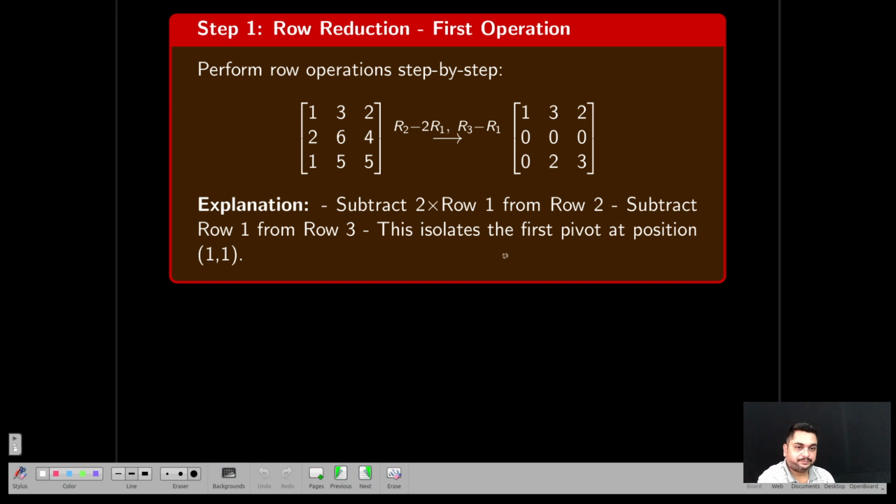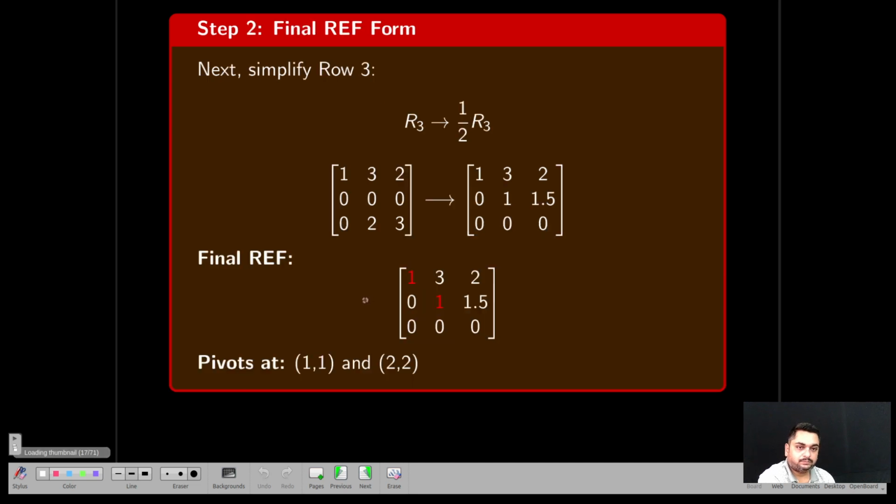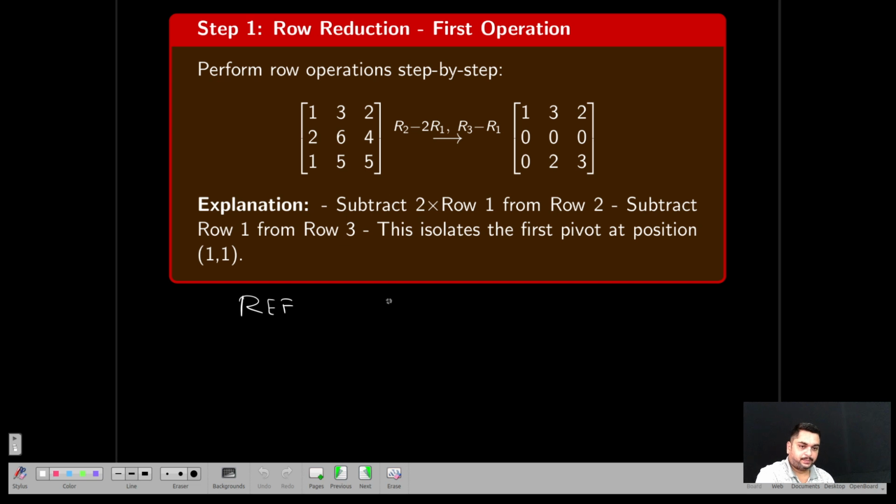Okay. So let's try an example. So given this matrix, let us find first row echelon form for this. So 1, 3, 2, 2, 6, 4, 1, 5, 5.